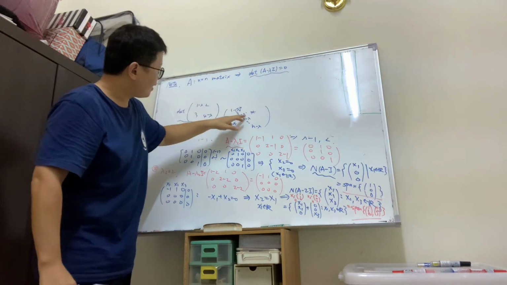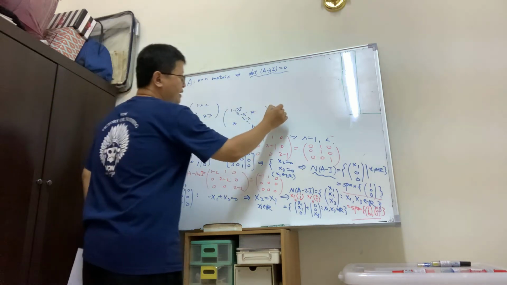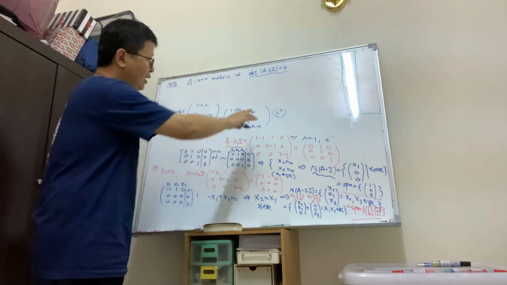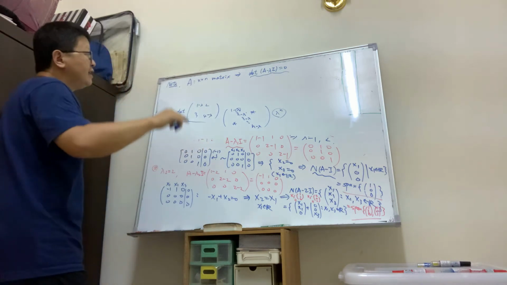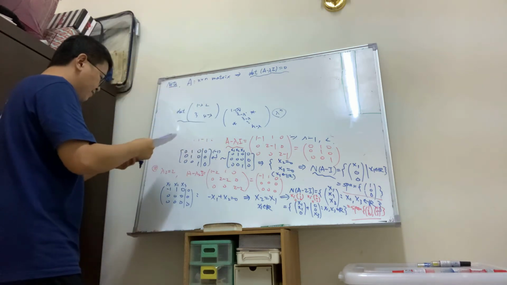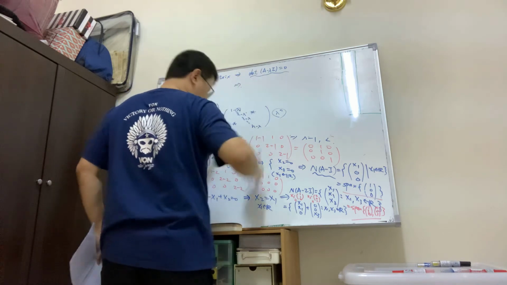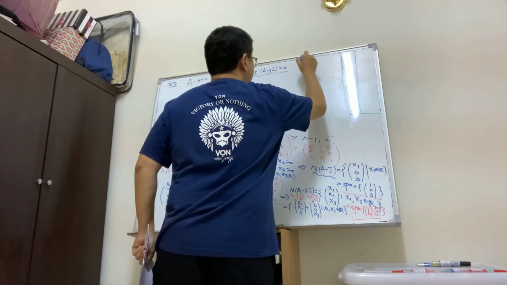And actually we have the term lambda to the power of n. So it must have n roots. So the determinant of A subtract lambda I equals 0 has n roots.